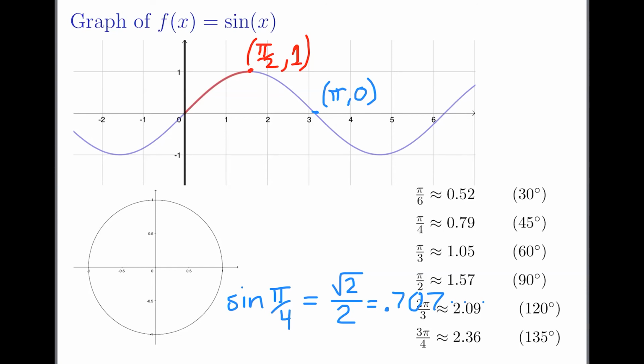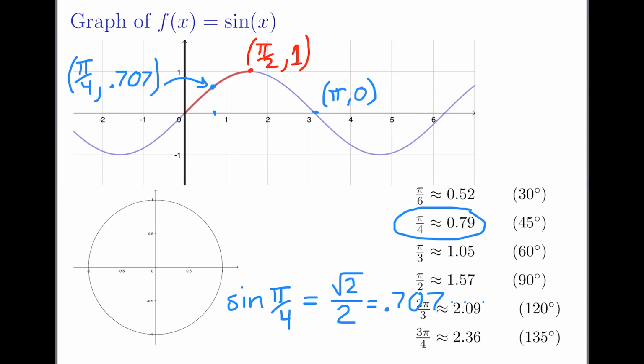So we can see that on this graph by looking at what happens when x is pi divided by 4. That's right about here. And then this point on the graph is the point, I'll draw a little arrow since it's hard to write all this in such a small space. This is the point pi divided by 4, comma, 0.707, and that's right here.